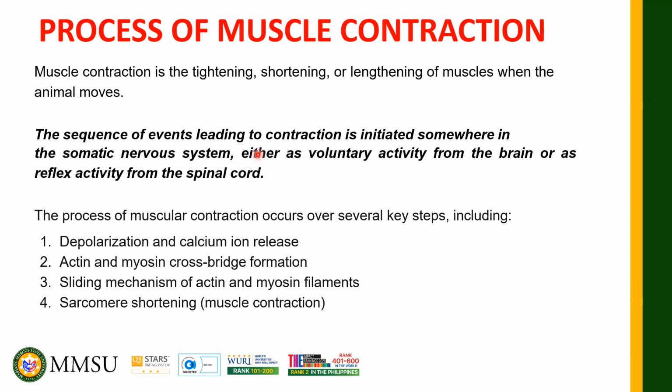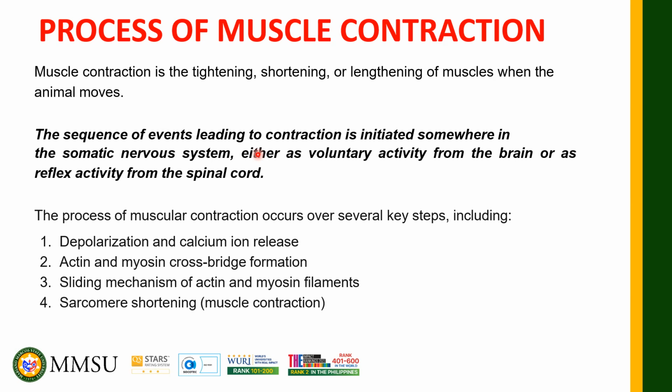So yung process ng muscle contraction, it usually begins with a conscious decision or intention na mag-move yung isang specific muscle or group of muscles. Okay? So yung decision na to usually originates doon sa motor cortex ng brain wherein yung mga signals are usually generated.